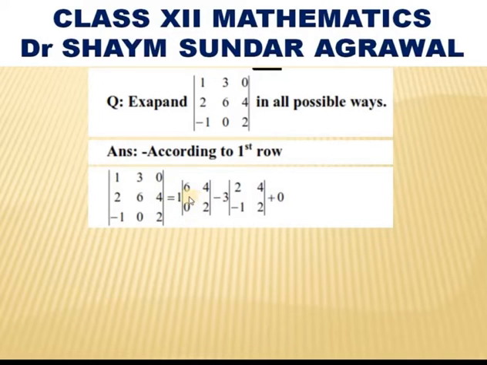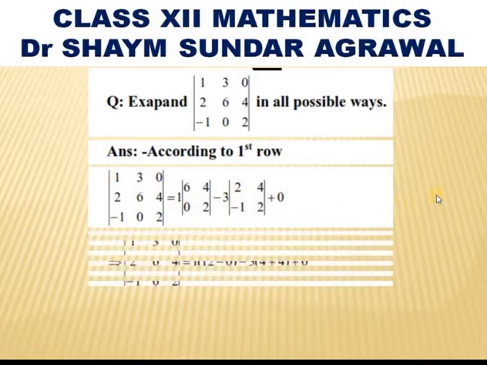So, 1 into determinant of 6402 minus 3 into determinant, 3 lies on first row second column. So, after deleting first row and second column, the rest elements are 2, 4, minus 1, 2, plus 0 into something is equals to 0.